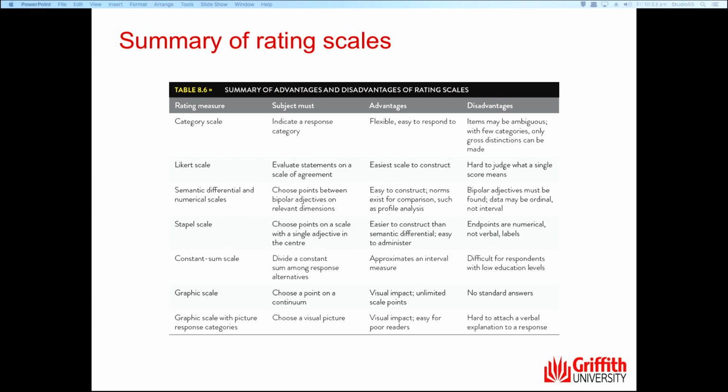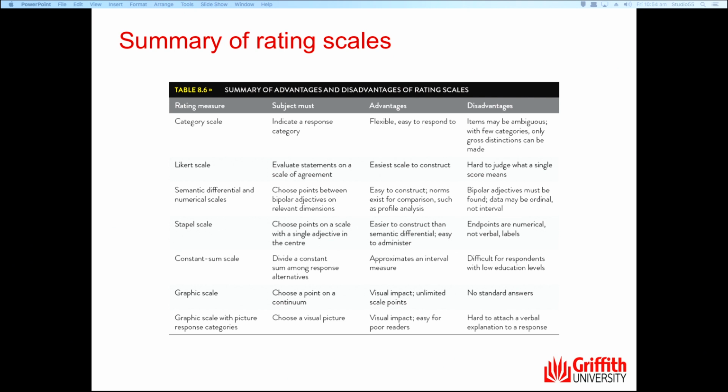So this is a nice summary of what we've discussed. I'm giving quite a few, not all of them, but for example, with the Likert scale, the subject must evaluate a statement on a scale of agreement. The advantage is it's an easier scale to construct, but the disadvantage is it's hard to judge what a single score actually means.